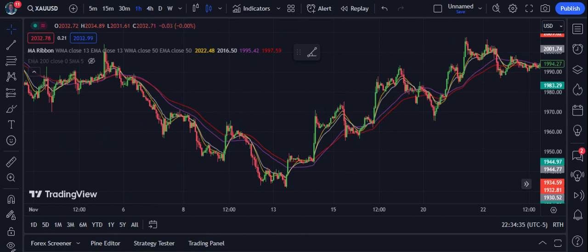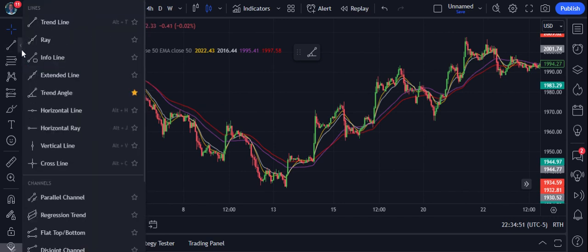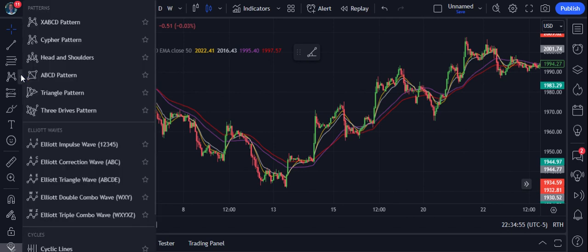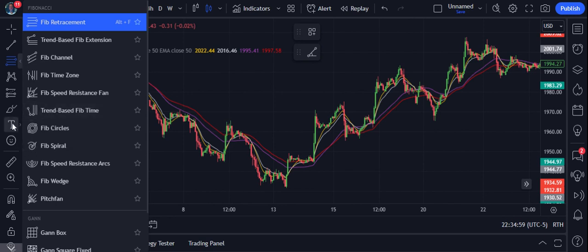With this strategy, I use these four types of moving averages. I also use support and resistance zones. For an example, I'm going to show you guys a support zone that I really noticed in the past month. So I'm going to draw you guys a rectangle. I'm trying to find the rectangle now.